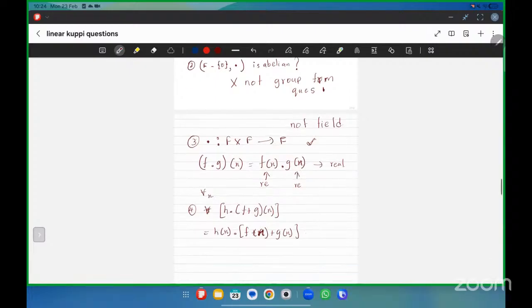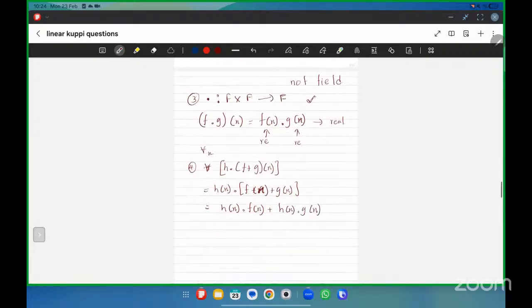Now it is not a function here, these are real numbers. So hx is real, fx is real, and gx is real. When we plug in the x value, we get a real value output. We can distribute them because those are real values. So we can write hx into fx plus hx into gx only because those are real numbers.